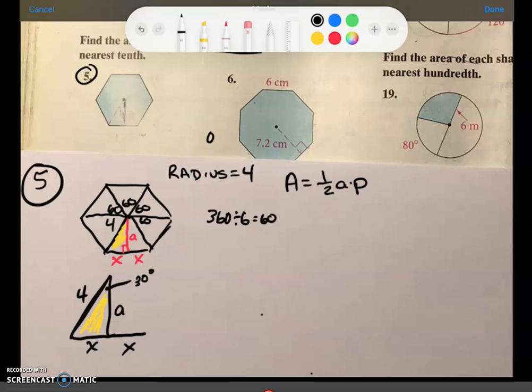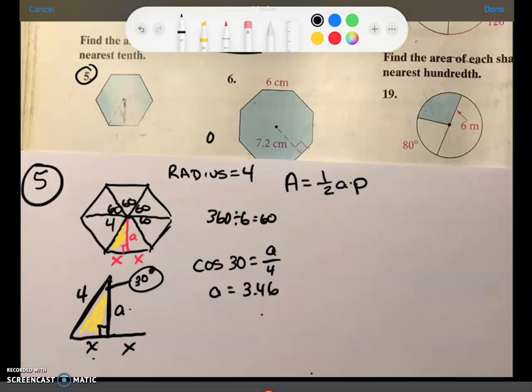So we're going to use sine, cosine, tangents to help figure out the apothem and X. So let's set up for the apothem. If I stand at 30 degrees, I'm going to say cosine of 30 degrees means adjacent apothem over hypotenuse 4. Go to the calculator and crunch this out, and the apothem will be 3.46.